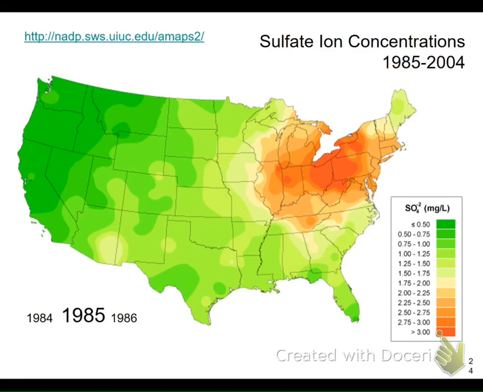Now, what I want you to look at here is, where is the acidity in this picture? Is it up in Oregon? Washington? No. This place right here, that's Chicago. Right in here is South Bend, Indiana.